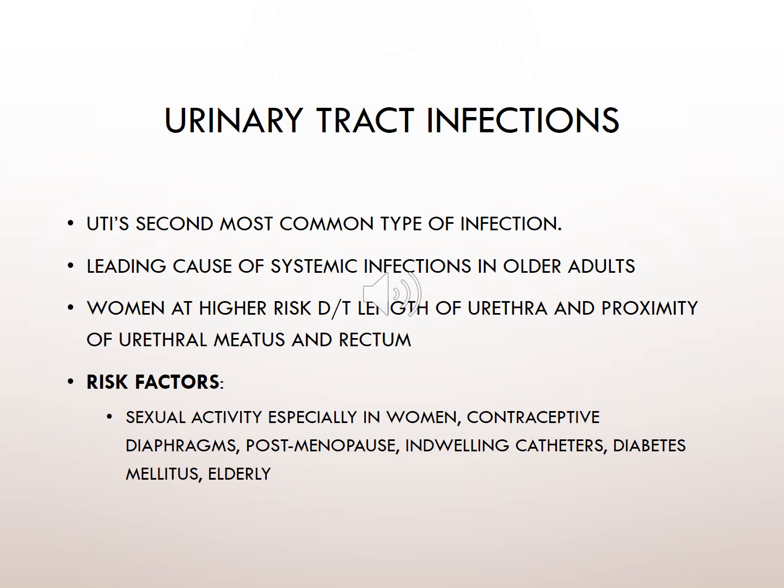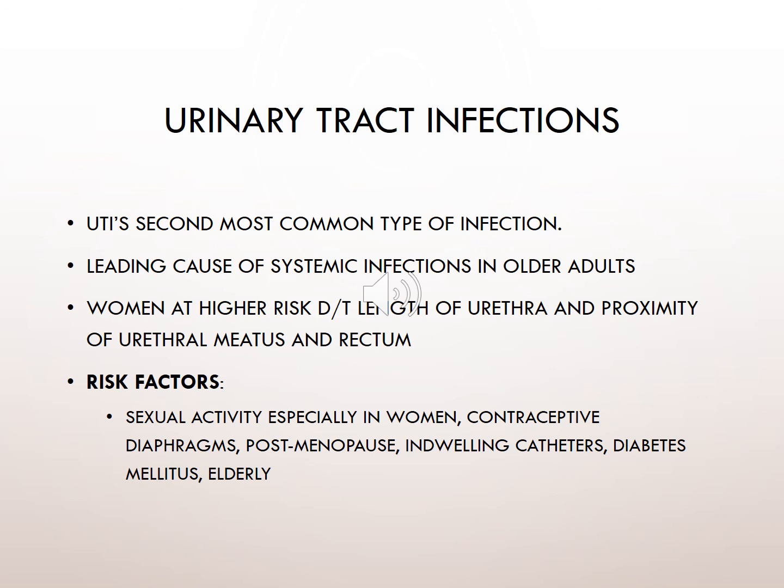Now moving on to this slide, urinary tract infections. UTIs are the second most common type of infection. They can lead to or cause systemic infections in our older adults. Women tend to be at a higher risk due to the length of the urethra and the proximity of the urethral meatus and rectum.